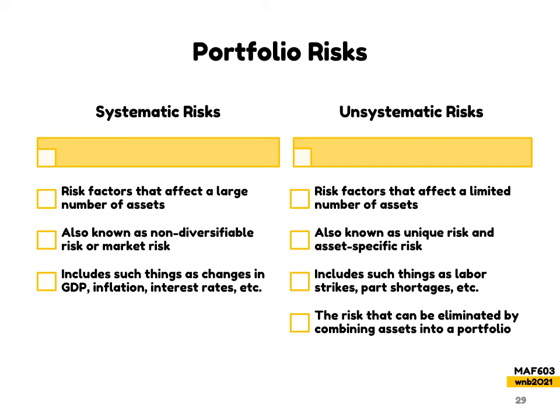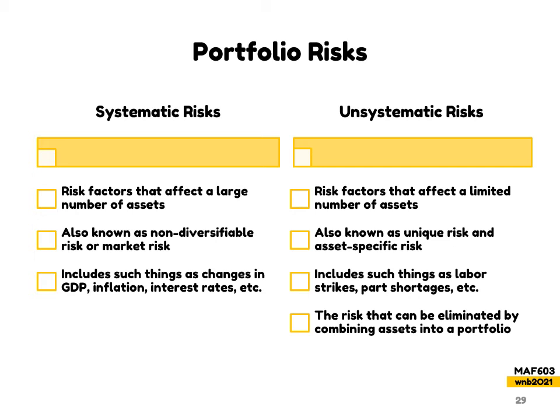Examples of systematic risk are GDP, gross domestic product, inflation, interest rate, and etc. If there are changes in these, for example, an increase in the inflation rate, the whole market will be affected, and it will affect a large number of assets.